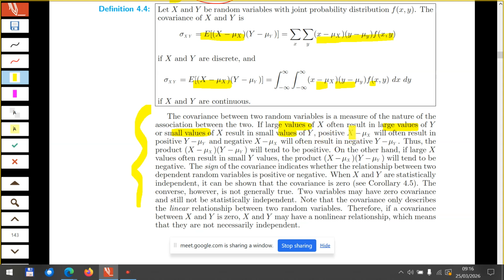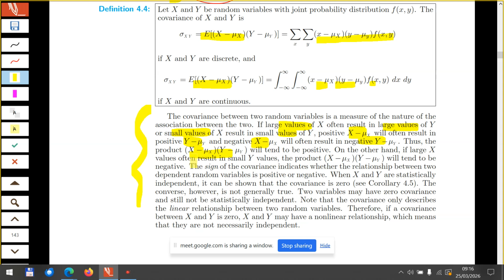That means when x minus mu x is positive, y minus mu y will also be positive, and if x minus mu x is negative, y minus mu y will also be negative. This is what you are guessing, and then the whole product and the average value is expected to be large.